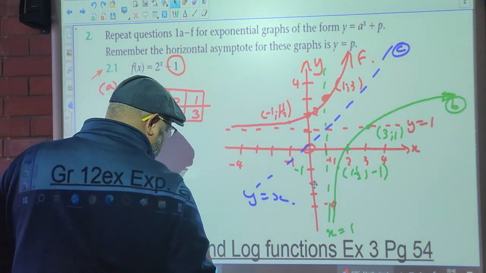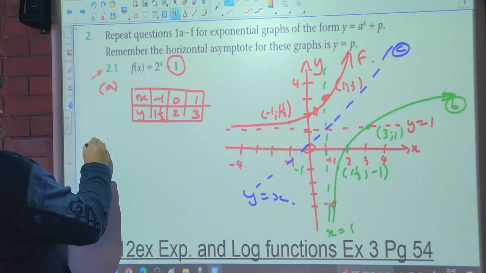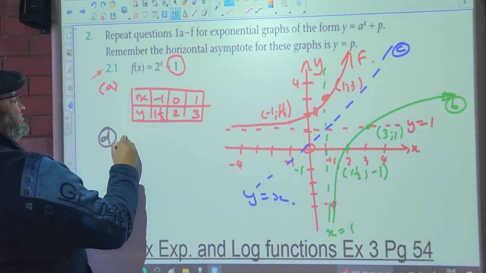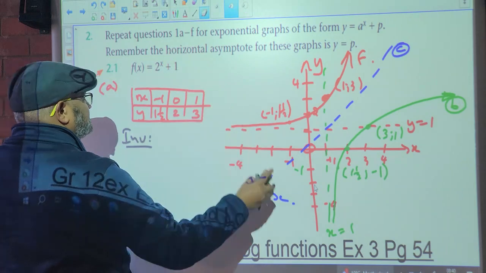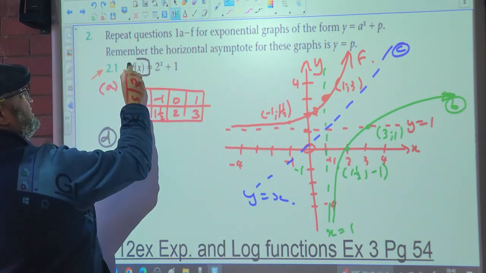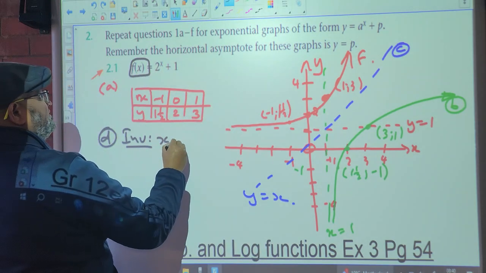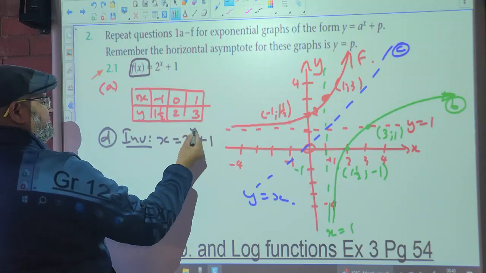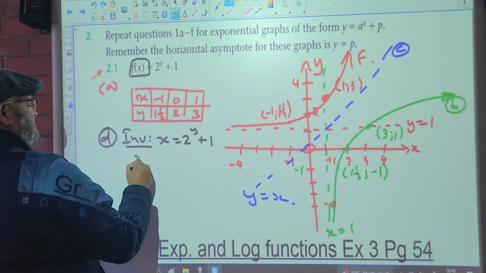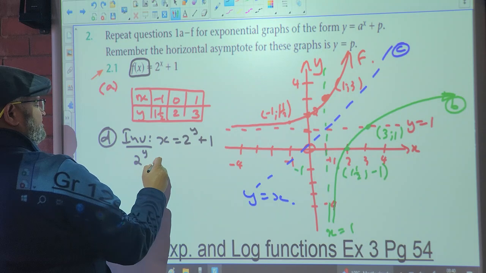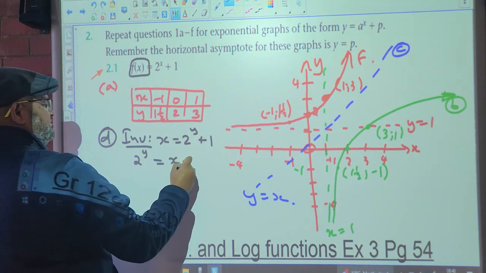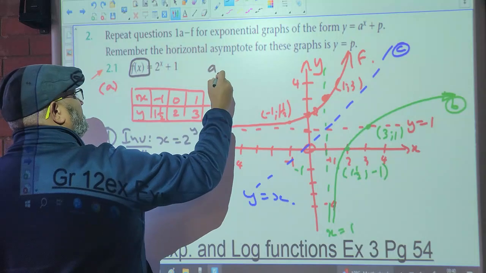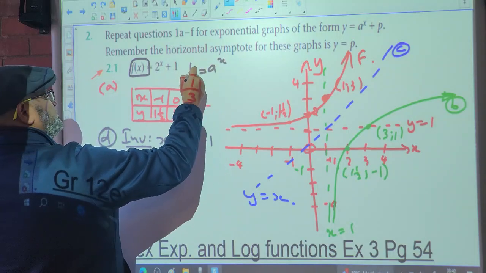Let's look at D. What's the question in D? The equation of the inverse function. What do you do for the inverse? We interchange x and y. So we say x is equal to 2 to the y plus 1. Make y the subject. So 2 to the y is equal to x minus 1. Remember, we want it in the form b is equal to a to the x.